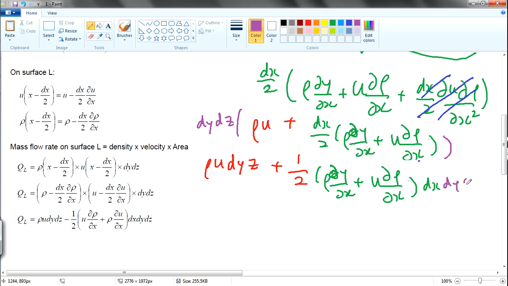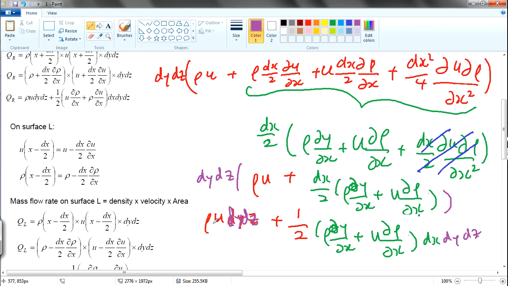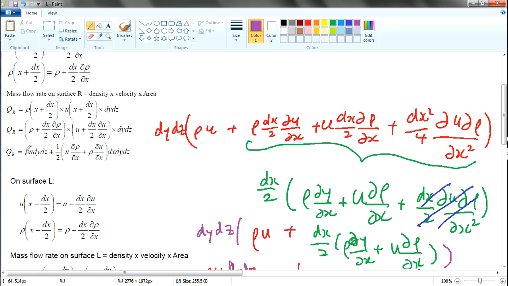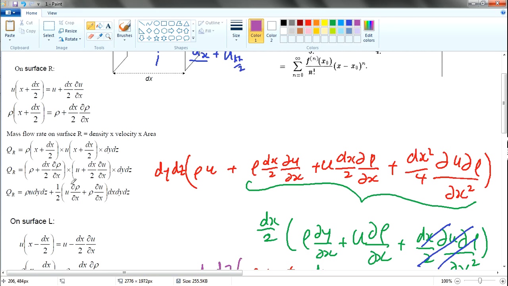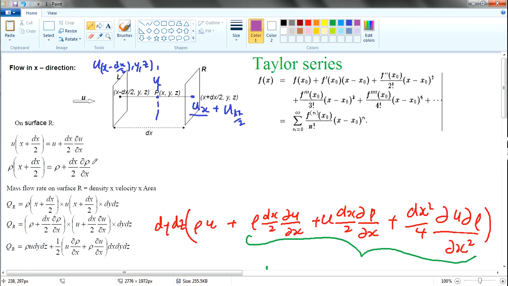So this is dy and dz over here also. So if you were to check, we have derived the formula for the mass flow rate across this R plane. Okay, so we have derived the mass flow rate across this R plane.